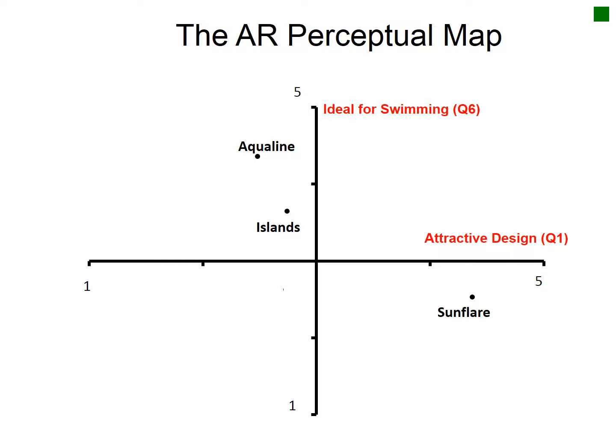And we notice that Aqualine and Islands on these 2 axes fall fairly close to each other in this region of the map. Sunflare, as we kind of surmised from the snake plot, is pretty far away from those other 2, not really grouped together with them. And so, we think Sunflare may be looking to attract a slightly different market niche.